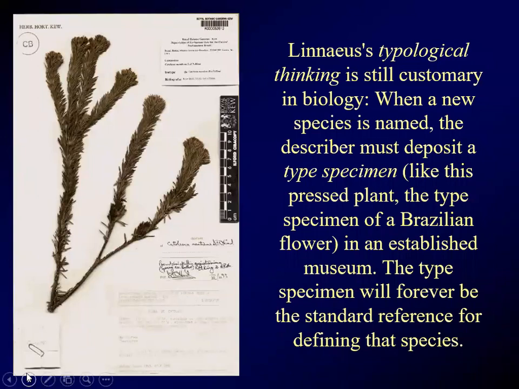And this still is maintained in biology because it's implicit in the way that we define new species. If you were to go out to the Brazilian rainforest or the wilderness of the Ozarks or wherever, and study the animals and plants and fungi and everything else, you might eventually find a new species.